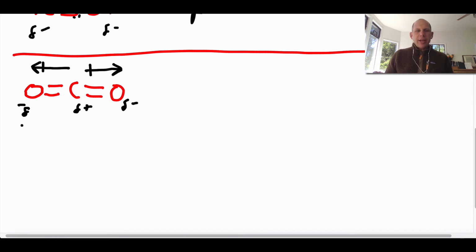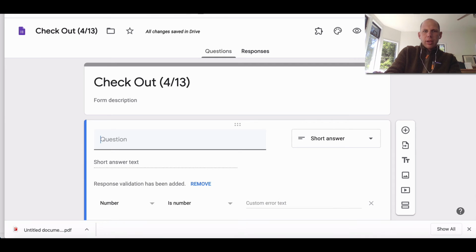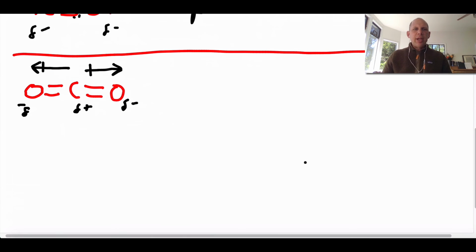But what we ended up seeing is there was no molecular dipole because this one canceled out this one. And there was no overall molecular dipole left. So this molecule would simply be written like this.